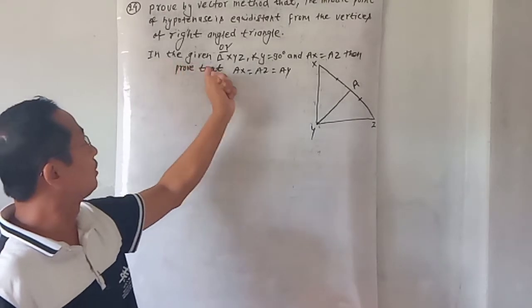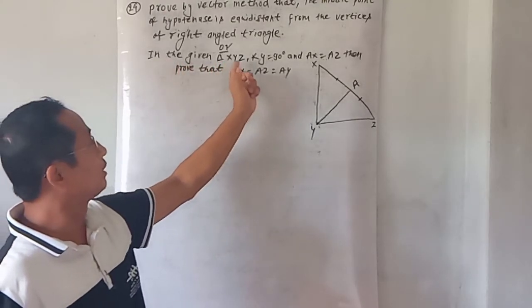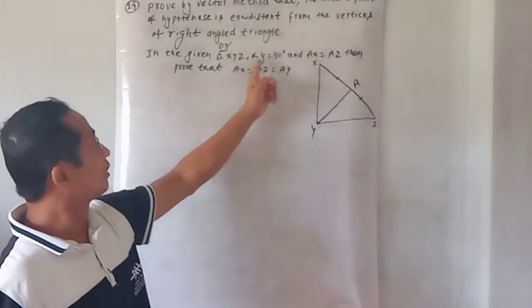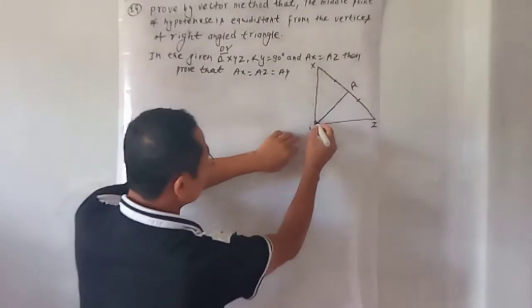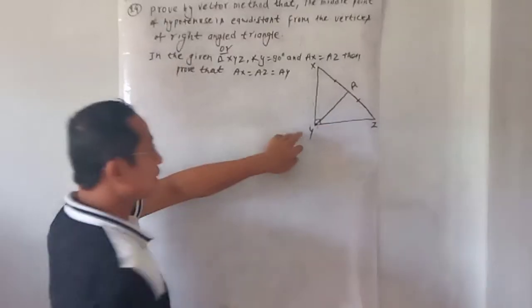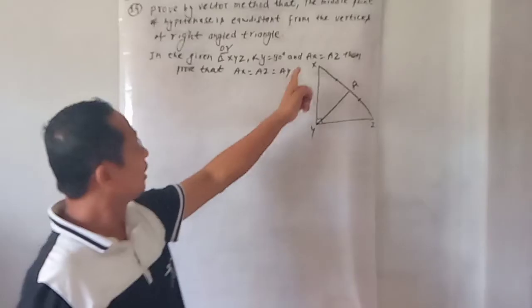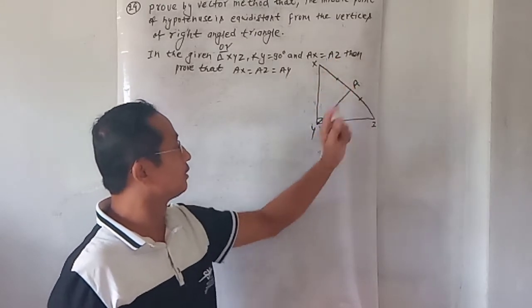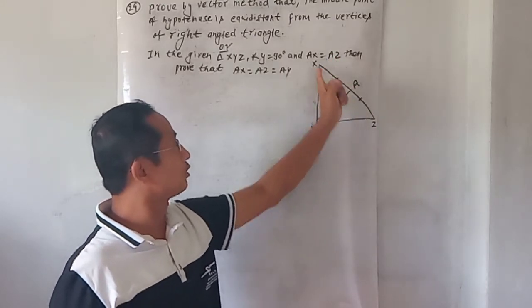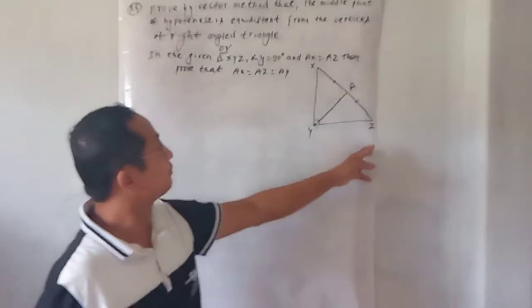In the given triangle XYZ, angle Y is equal to 90 degree, means this angle Y in the figure is 90 degree, and AX is equal to AZ. AX is equal to AZ means A is the midpoint of XZ.